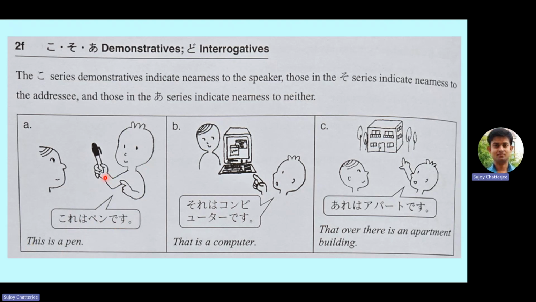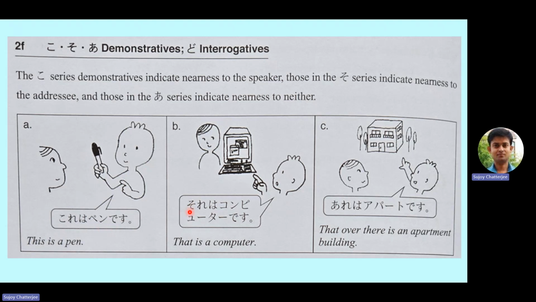Since the pen is in his hand, that is, the object he is referring to is near the speaker, because he is the speaker. So that's why it will be kore. Kore wa pen desu. This is a pen. So this is how we say it in Japanese. If we want to say this is something, then this means kore wa xyz desu.